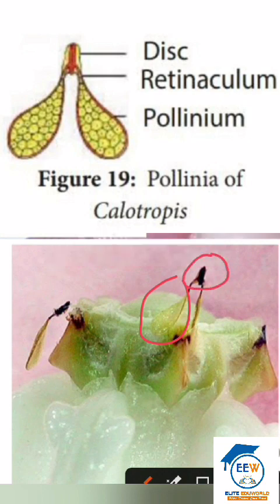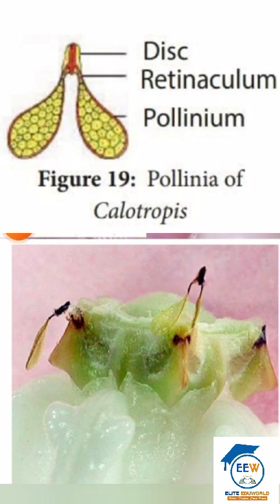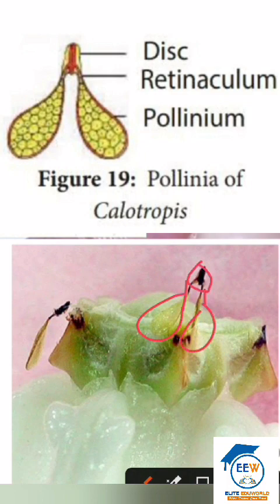This black portion is the corpusculum, which is sticky in nature, and by two translators this corpusculum is attached with these 2 balloon-like structures called pollinia.